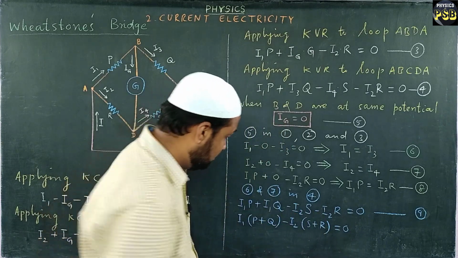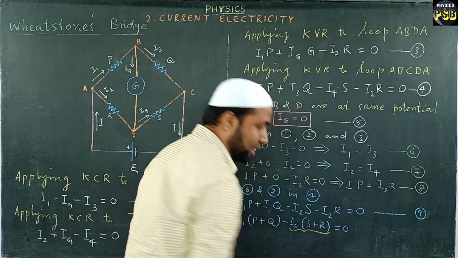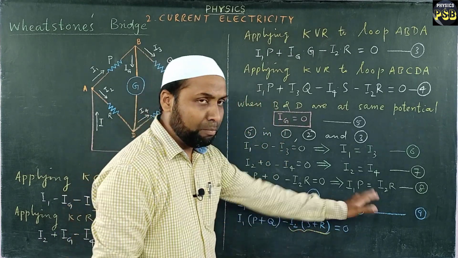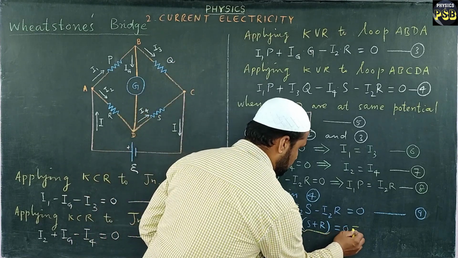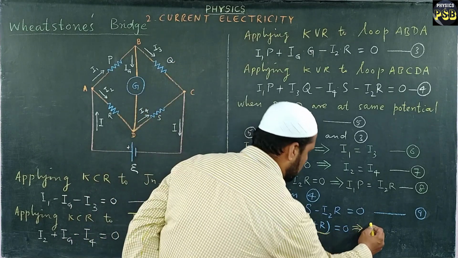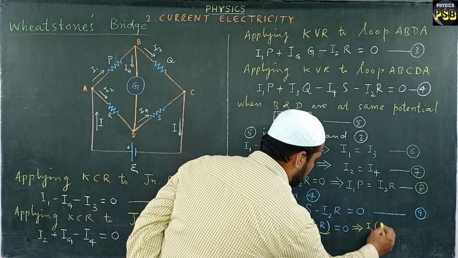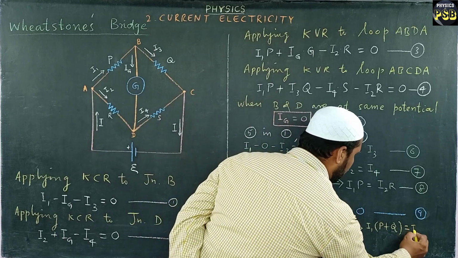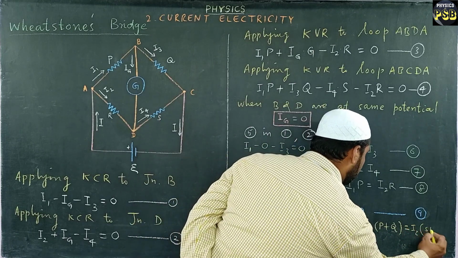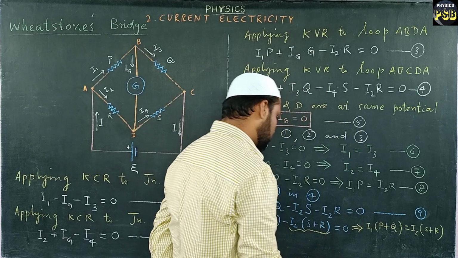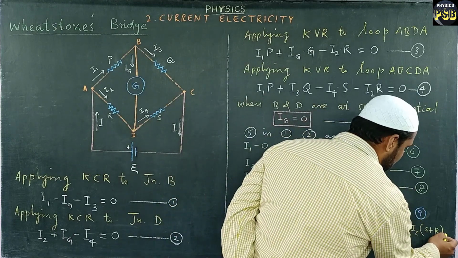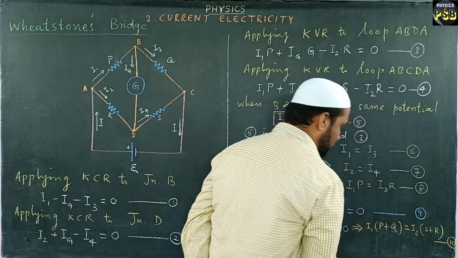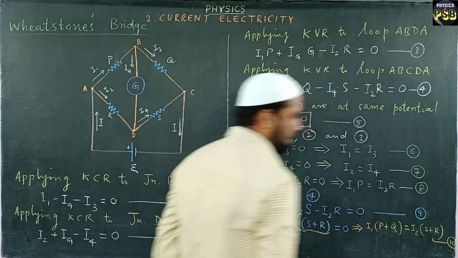If I take this term to the other side, the negative sign will become plus. So I get this equation: I1 into P plus Q equals I2 into S plus R. This is equation number 10. I take this equation number 10 for my convenience.